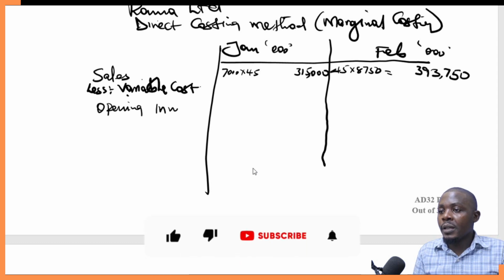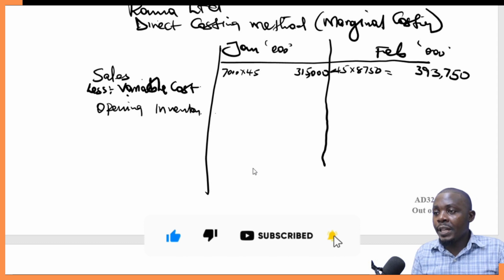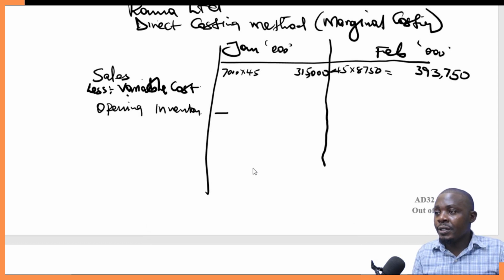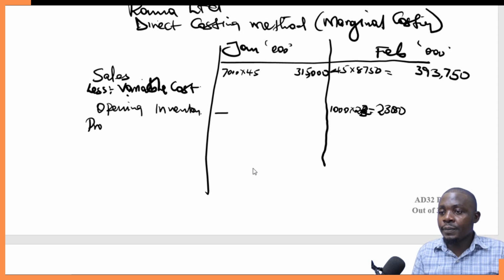Remember, we didn't have opening inventory for January, and then the opening inventory for this one was 1,000. We multiply by 23. Sorry, you have 23,000.